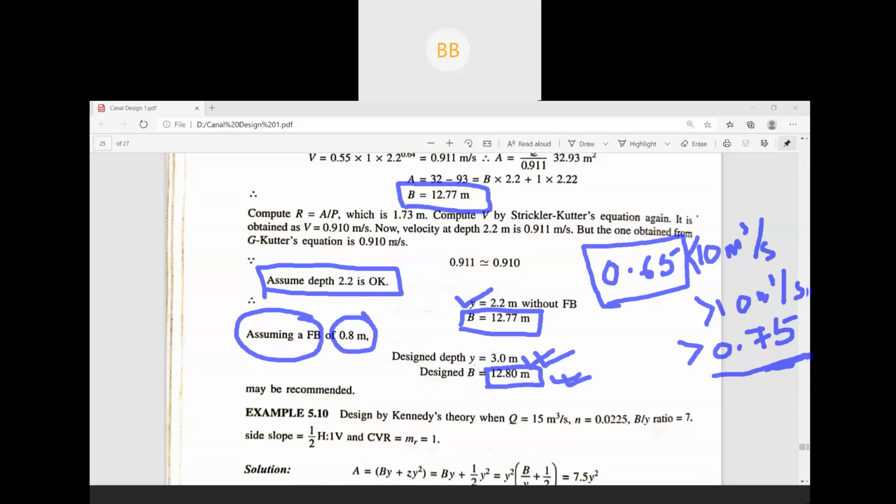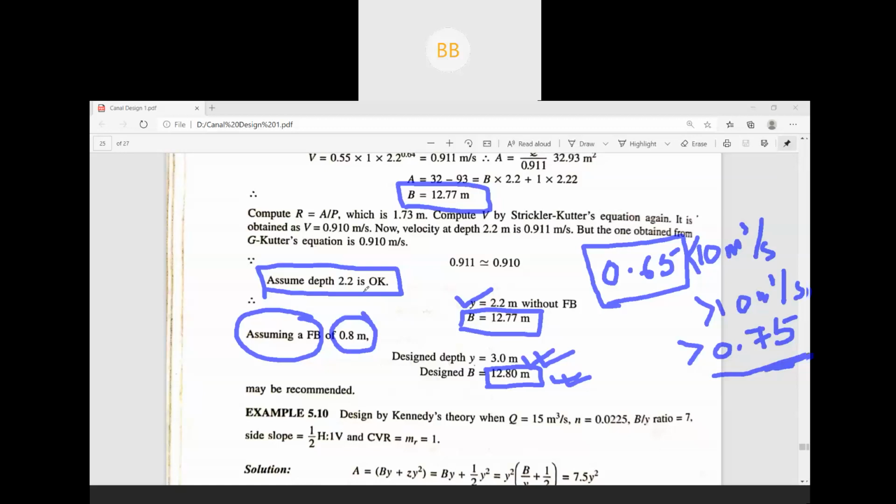If we go manually, we can do only 2 or 3 trials, whereas if you use any computer application, we can go for a number of trials, and because of this we will get a more accurate value, which manually is not possible.